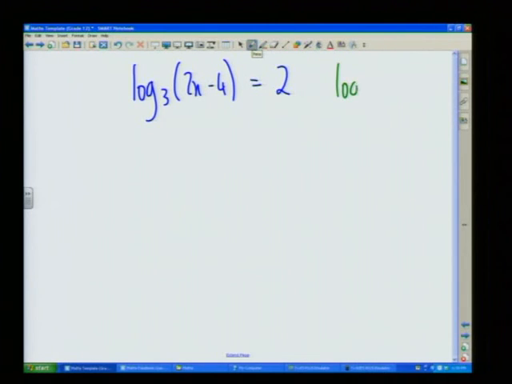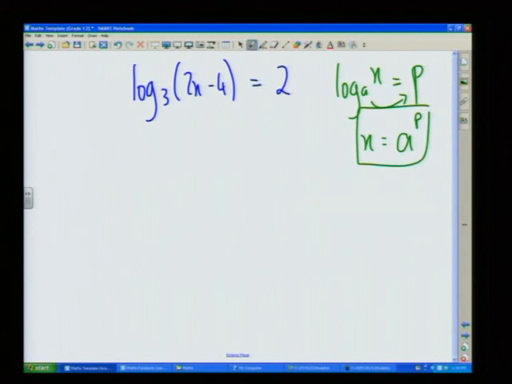Remember, if you've got the log of x to the base a, and that is equal to p, for example, then the base becomes the base, and so x is a to the p. I'm just using that as a little law. So 3 just becomes that base, and I can say 2x minus 4 is equal to 3 squared.